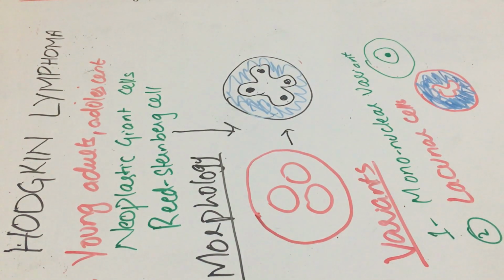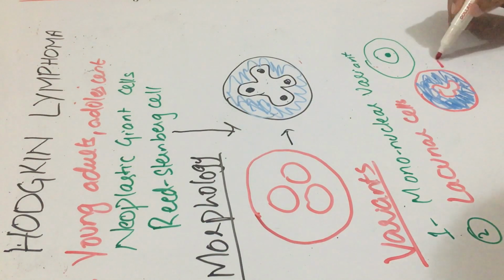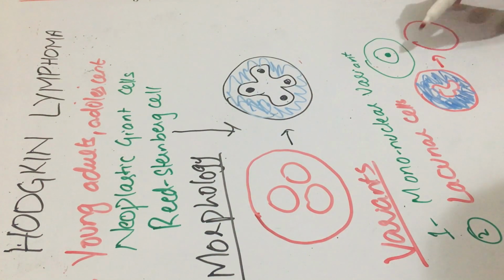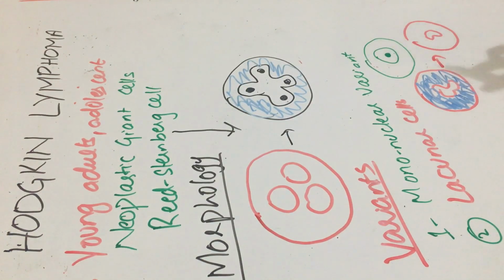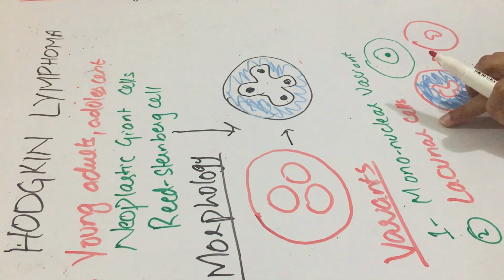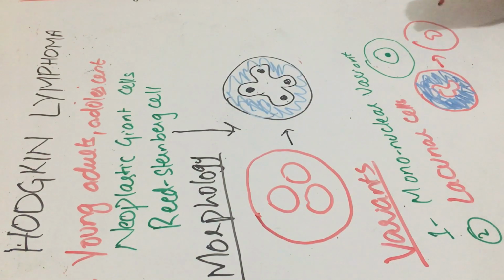So after staining, the nucleus looks like it is sitting in a hole, which is a lacuna. That's why it is called the lacunar cell. These lacunar cells are characteristic of the nodular sclerosis variety.